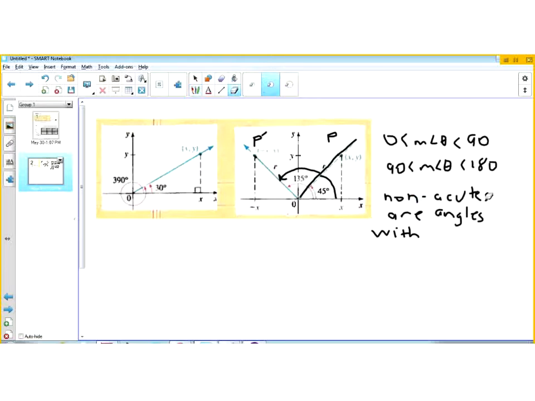Non-acute angles are angles with measure greater than 90 degrees. Okay, and so we want to evaluate trigonometric functions at non-acute angles.